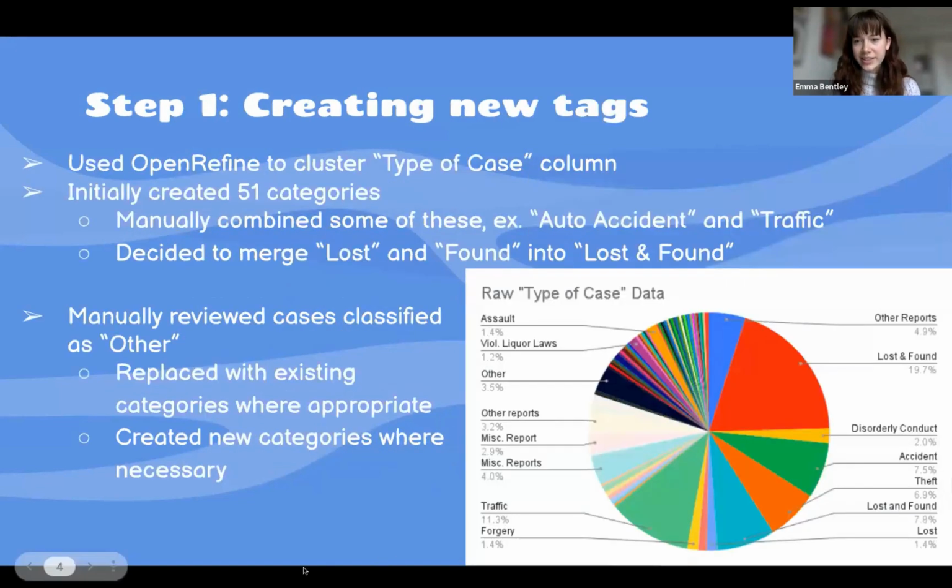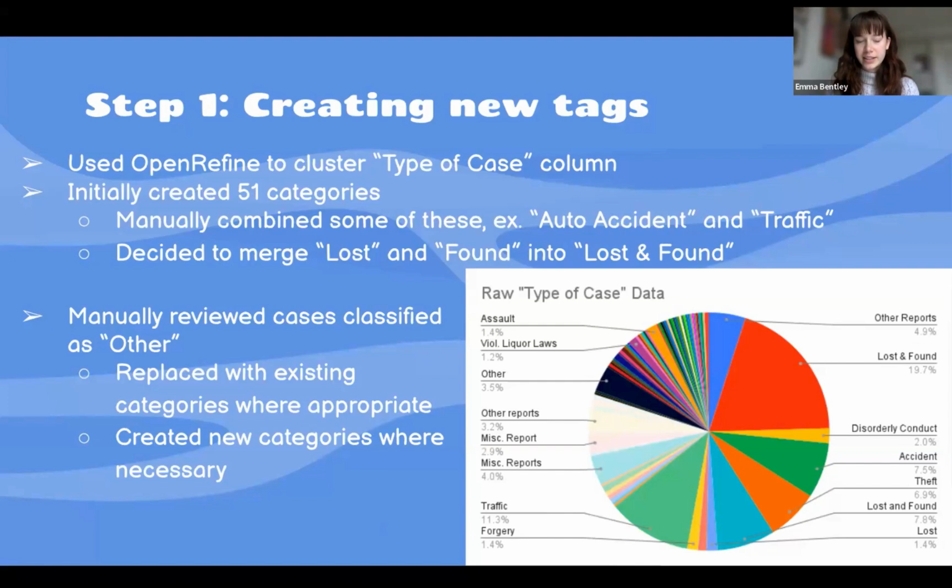So one of the things that thankfully we had already done before we decided whether or not we were going to use ArchivesSpace is we had already started the process of creating what we're calling a tagging system. Something that we've recognized throughout the semester, and a lot of groups have, is that there was some standardization of the ways that cases were described in those case type and case classification columns, but not fully.